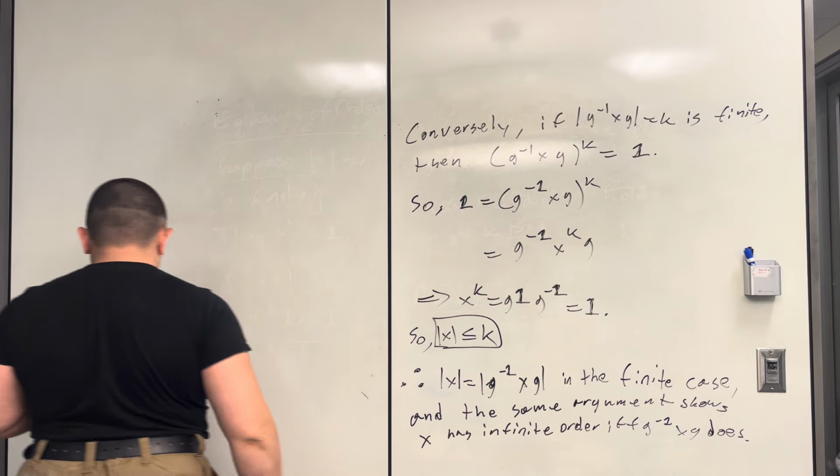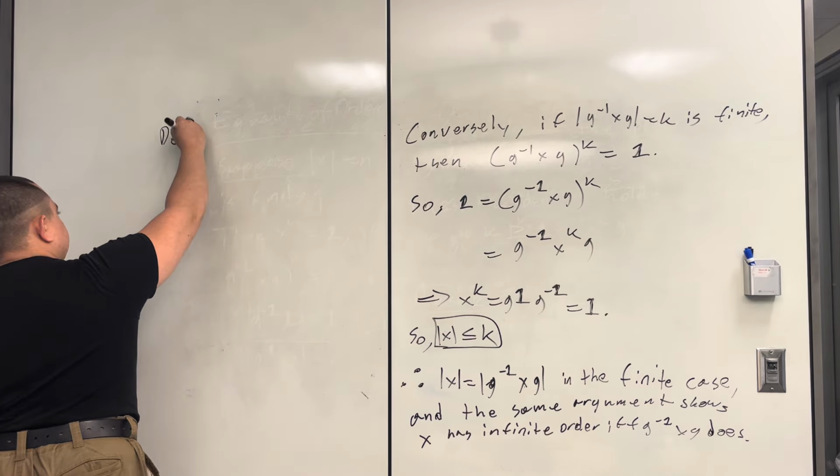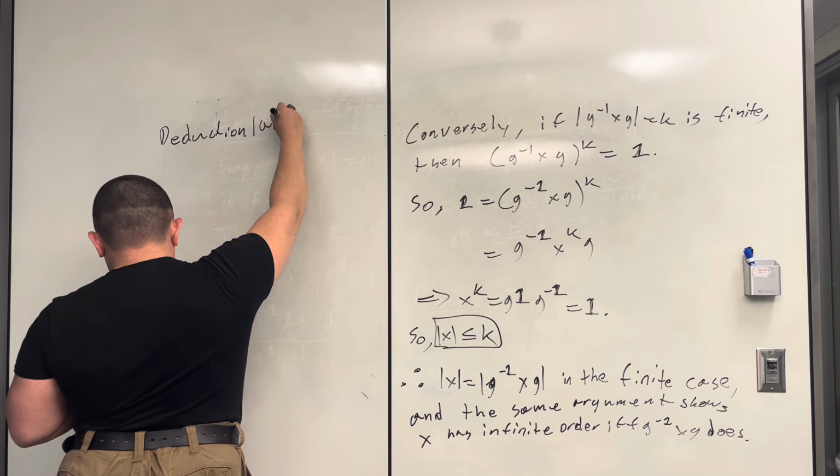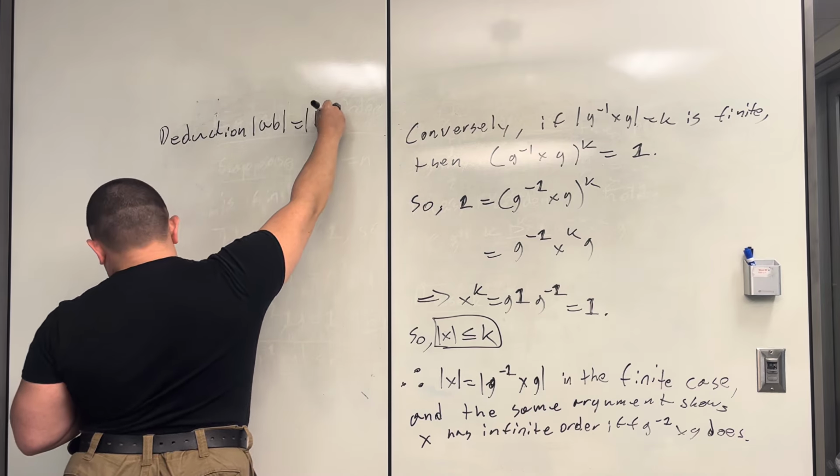So, deduction: the order of AB is equal to the order of BA.